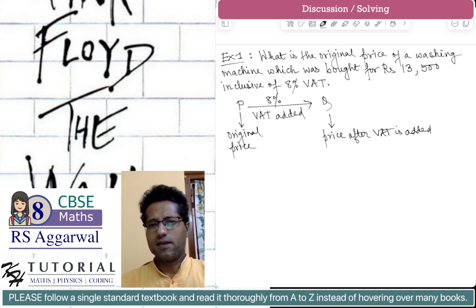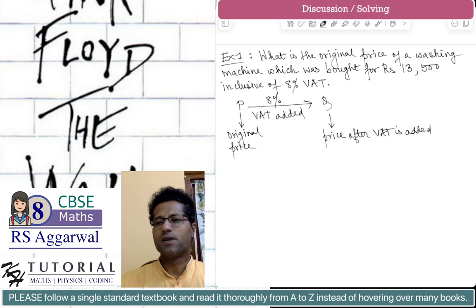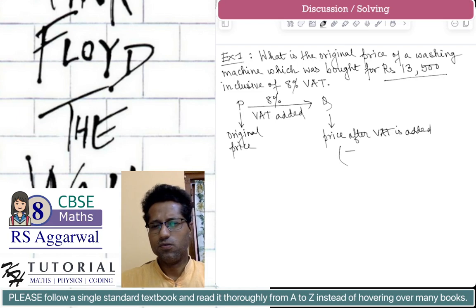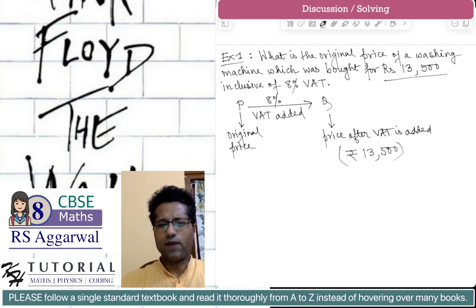It is asking for the original price of the washing machine, which as per our diagram will be P, which was bought for rupees 13,500 inclusive of the 8% VAT. That means after paying the 8% VAT, the customer has finally purchased the washing machine for rupees 13,500, which means Q is rupees 13,500. We have to find P.